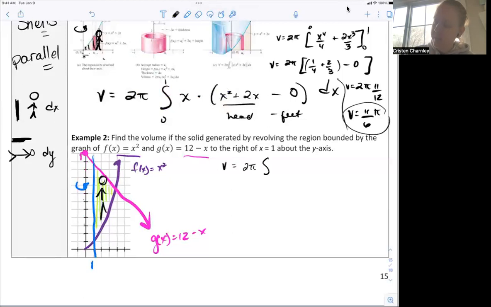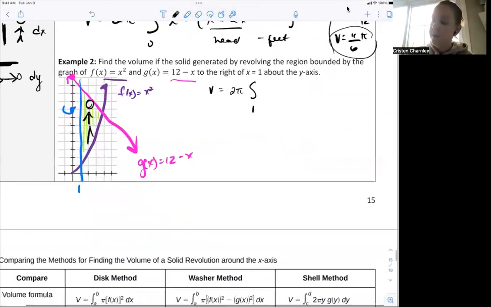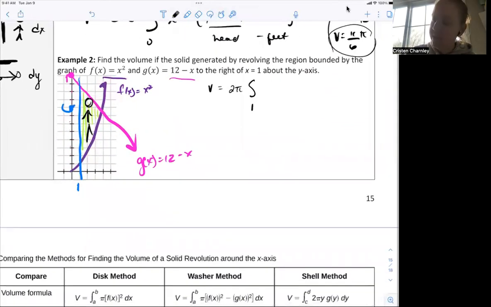Where do we talk about A and B? Well, A is definitely 1. But B, if we were in class together, I'd say, how do we find B? And you would tell me that that's where they intersect. So I'll set F equal to G. So x squared equals 12 minus x. X squared plus x minus 12 equals 0. So I have x plus 4 and x minus 3.